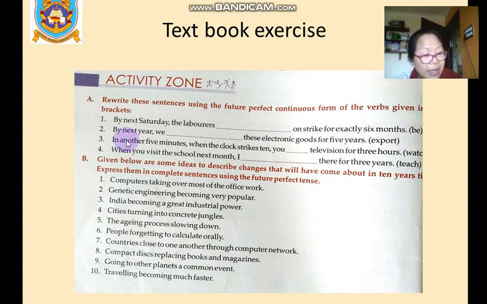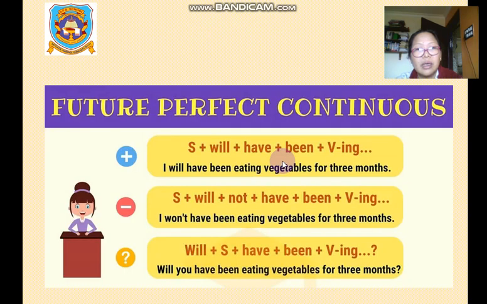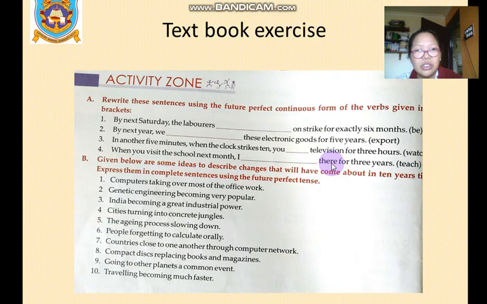Then by next year we shall, here it is export. If you want to go back, you can check here. We use will have been and the verb ing form. You can go back and check the presentation also.